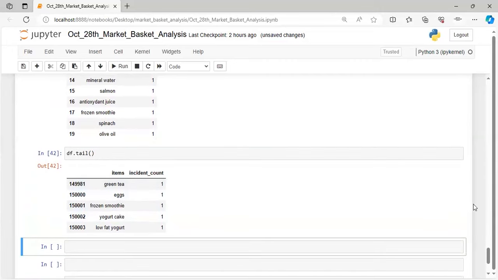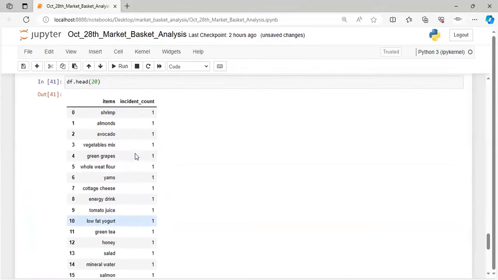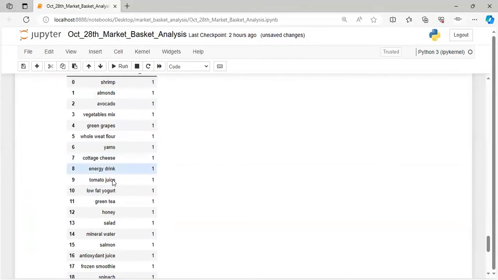Now what we want is step 4. We will apply the group by function with respect to items, because we want to see how many times mineral water, salmon, whatever the items are, have been purchased. We want to count it.